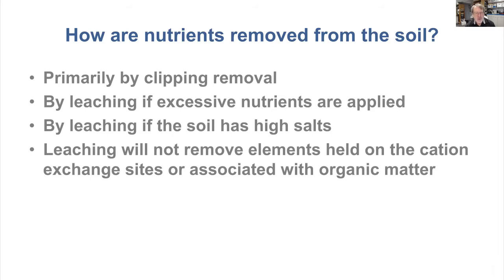If you have high soil salts, leaching is going to take those away, and I've got a couple of examples on salts that we can talk about if we get the time. But leaching isn't going to remove the cations from the exchange sites. This is also why we don't want to look at just saturated paste extracts, because those are just salts in solution. You almost inevitably are going to overestimate fertilizer or nutrient requirements using a saturated paste extract.